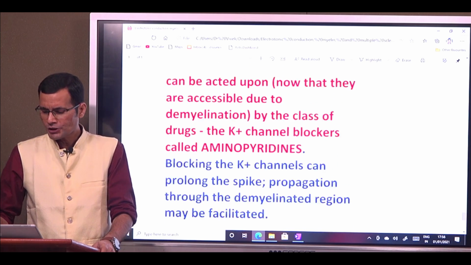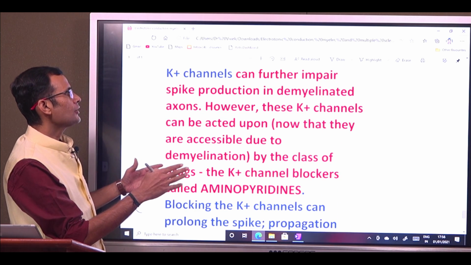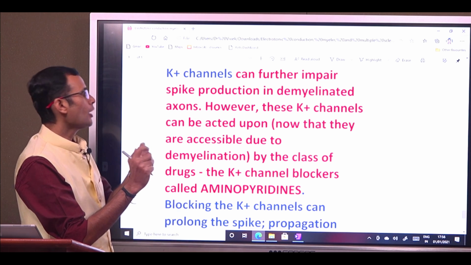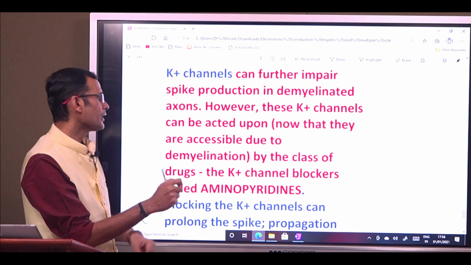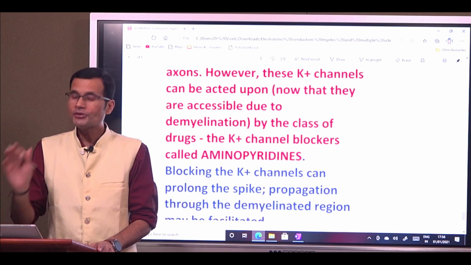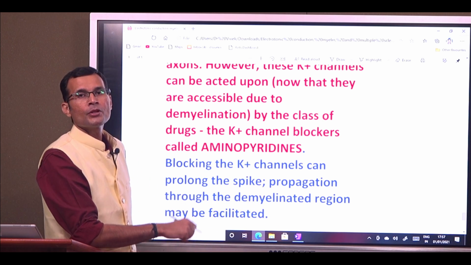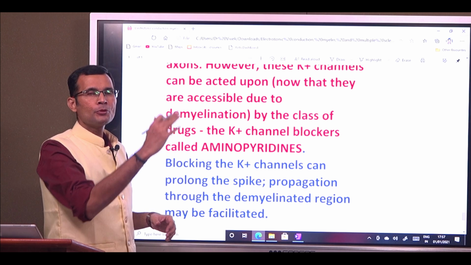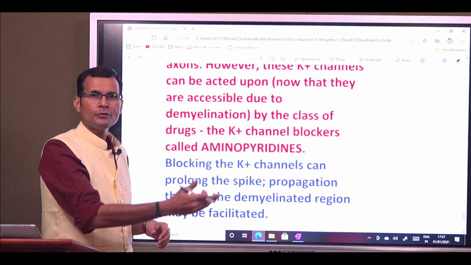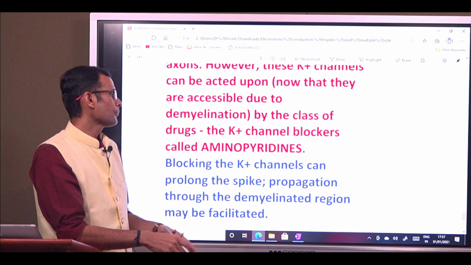But what we can actually implement as a strategy is that these potassium channels can be acted upon, because now they are accessible due to demyelination, by the class of drugs called potassium channel blockers, called aminopyridines. We don't want that potassium to go out and carry positive charges out of the axon. We don't want the current strength to diminish.